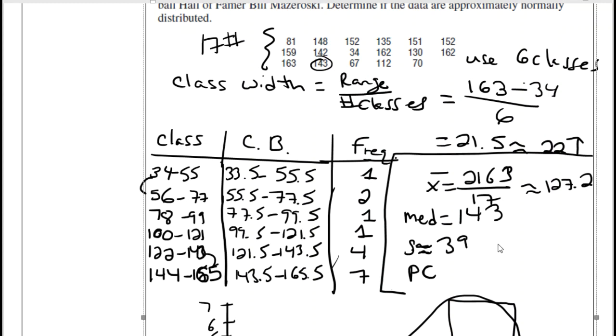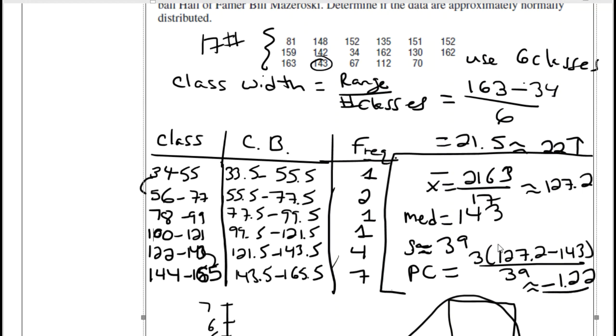And then we'll put that in our Pearson coefficient, so it's 3 times (x bar minus median) divided by standard deviation. And when you do that, you get about negative 1.22.